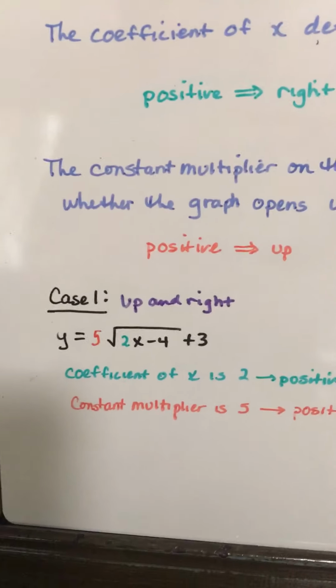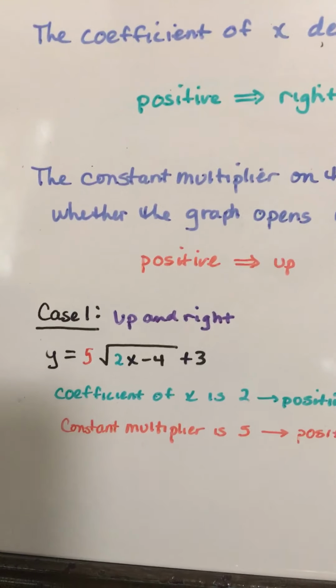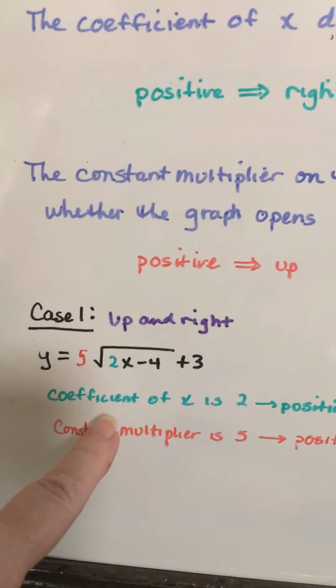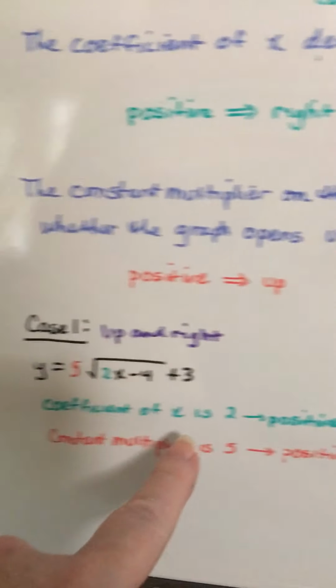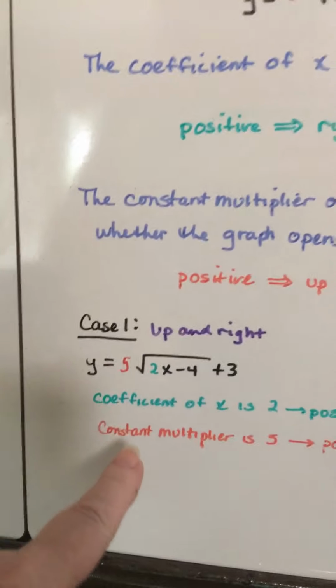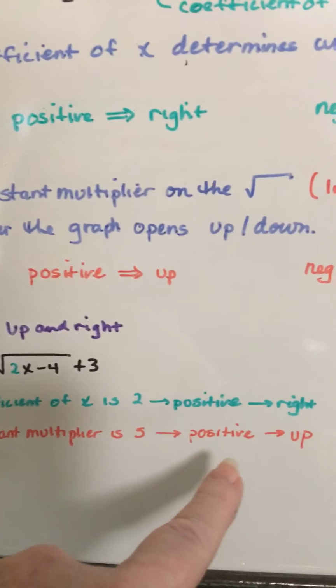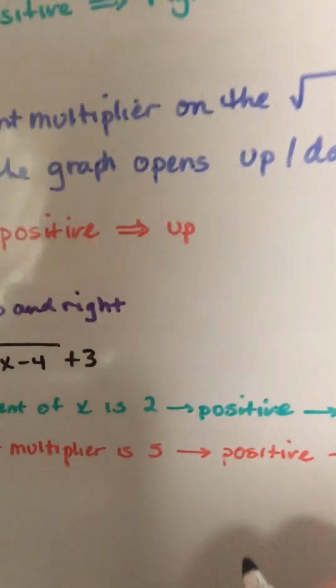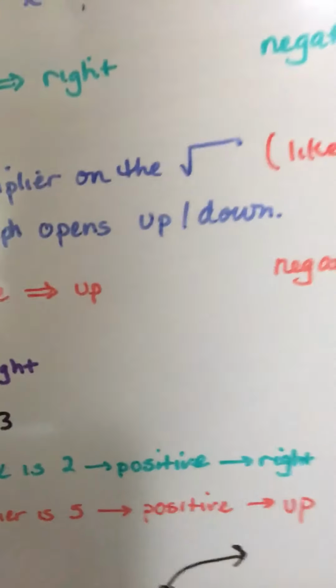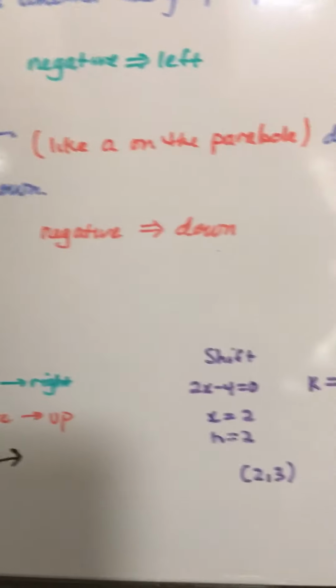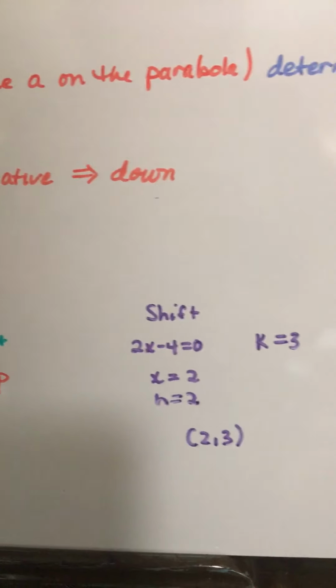Let's look at what would be up and right. So I've put things in. What's the coefficient of x? It's positive 2. Positive means right. What is the constant multiplier? It's 5, which is positive, which means up. So my graph is going to go up and right. It's going to take on this shape, and the shift is 2, 3.